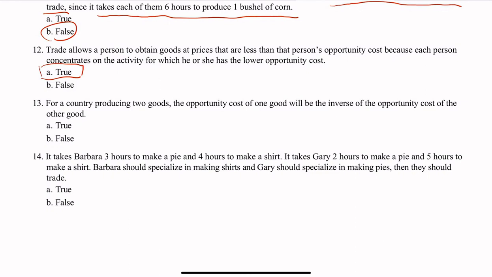Through comparative advantage and specialization, each person will focus on the activity for which she has a lower opportunity cost. Then both people in the economy will be able to buy consumption goods at a lower price compared with their opportunity costs.